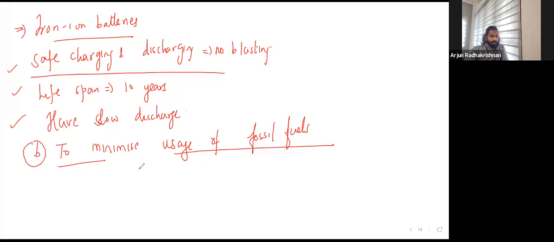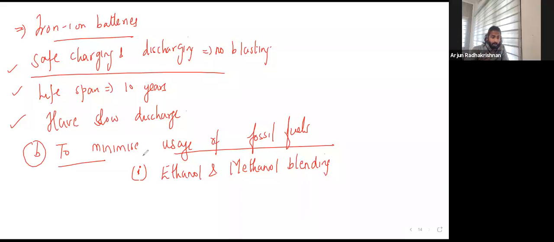For that, we are adopting different methods. First one is ethanol and methanol blending.